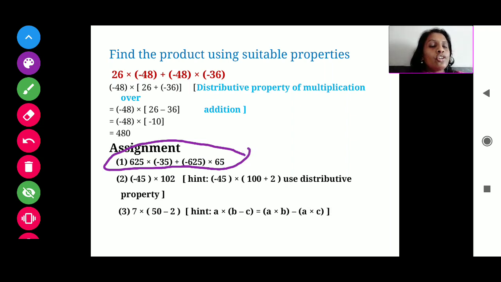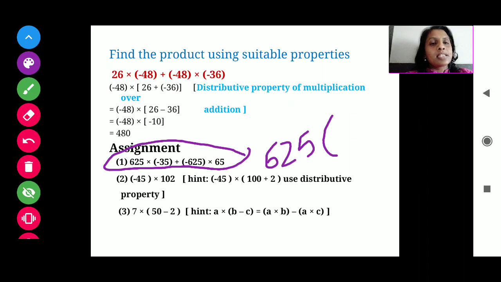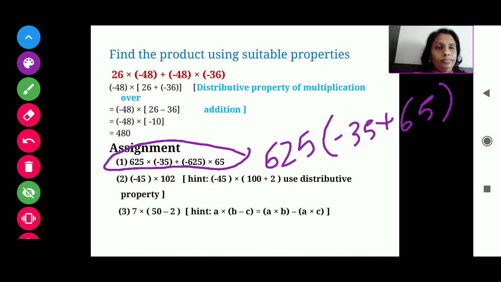So here also you can take out and write like this: minus 35 plus 65. So it will be easy for you. Like this you have to do and then you will get the answer. Here what you have to do? 102, you have to do 100 plus 2.